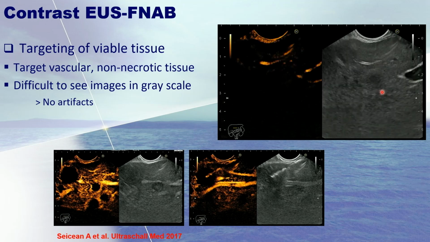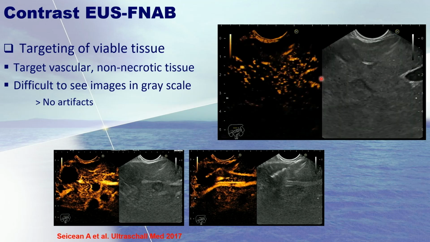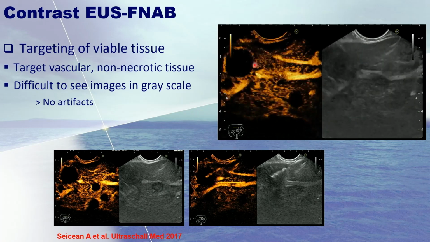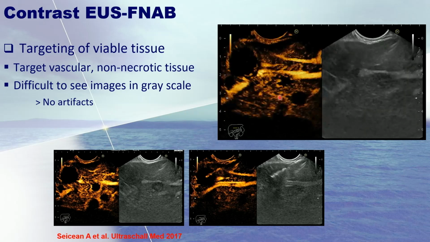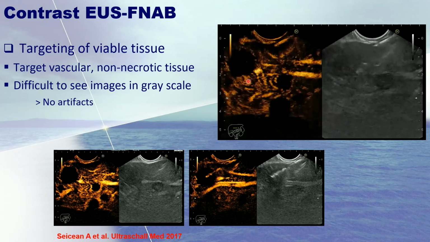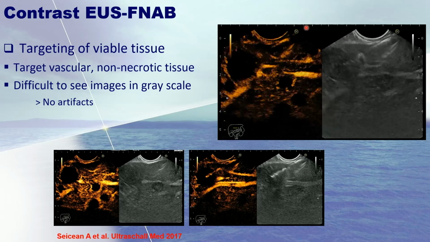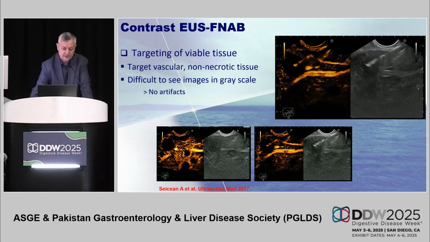You can use contrast enhancement for targeting, and this is an example. You see that the left liver lobe was inhomogeneous, but if you look with contrast enhancement, you immediately see the hypo-enhanced liver metastasis. You have to go further than the arterial phase towards the portal and the late phase, and you can actually puncture the lesions in real time under contrast enhancement guidance.